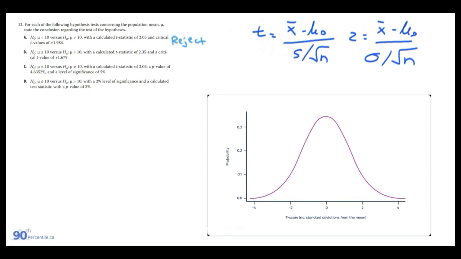We're coming to the next one. This is a one-sided test. So the null is that the mean is less than or equal to 10 versus the alternative that it is greater than 10. We have a critical t-value of 1.679, call it 1.68, and a calculated stat of 2.35.